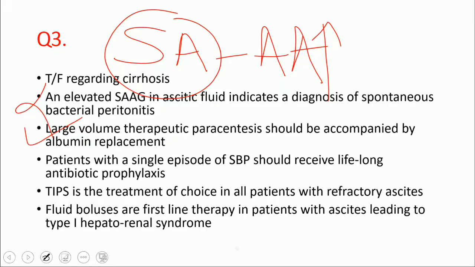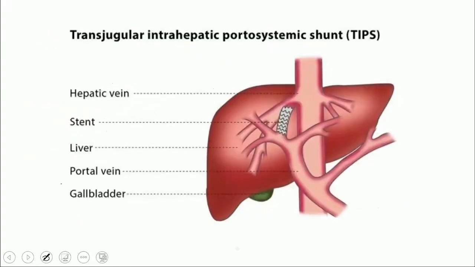Now, patients who don't respond to diuretics and tapping, but still get recurrent refractory ascites. Remember, this is driven by portal pressure. In these patients, we can use the TIPS procedure, which I have shown here. It is a transjugular intrahepatic portosystemic shunt, because you go through the jugular vein to put this in.